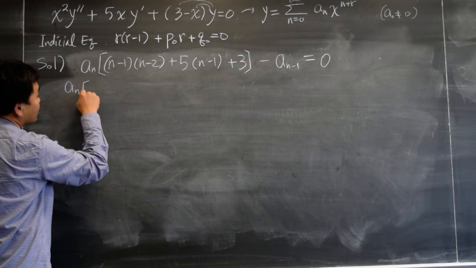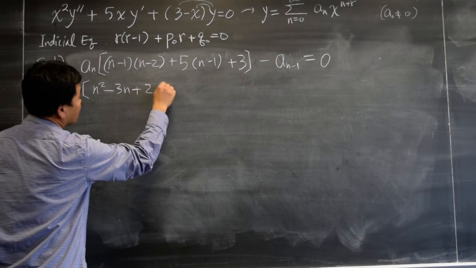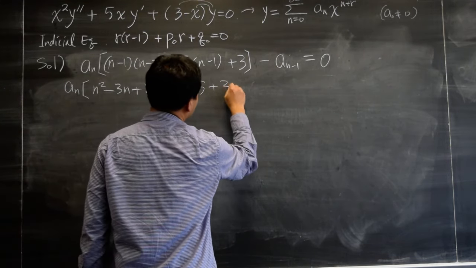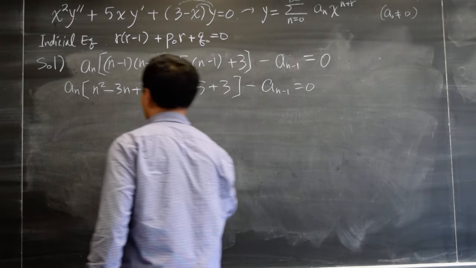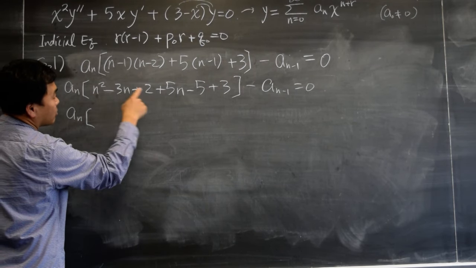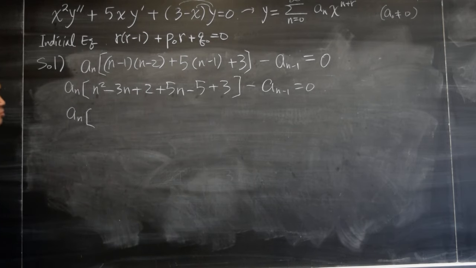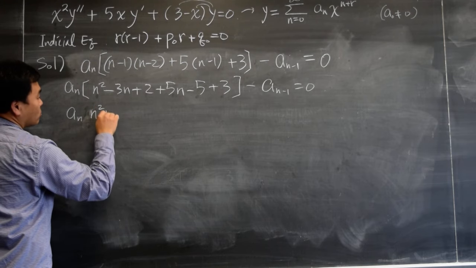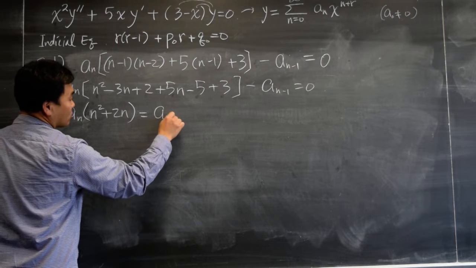An times, this is n squared minus 3n plus 2, plus 5n minus 5, plus 3, minus an minus 1 equals 0. And that's an, let's see, n squared plus 2n, and then the constant terms vanish, right? So it's really n squared plus 2n times an equal to an minus 1.